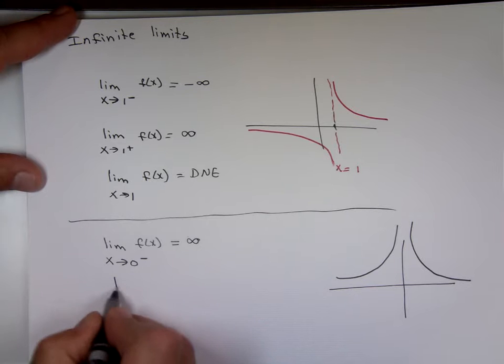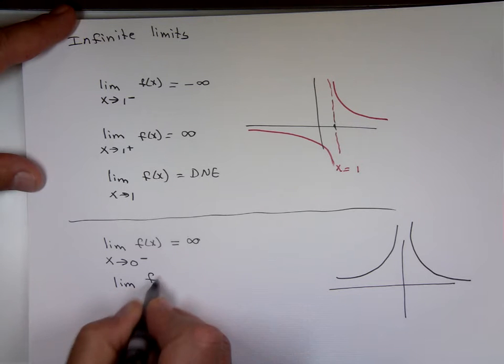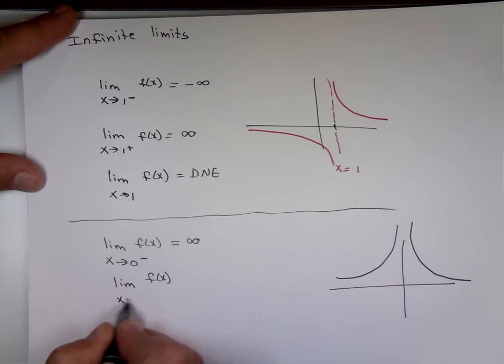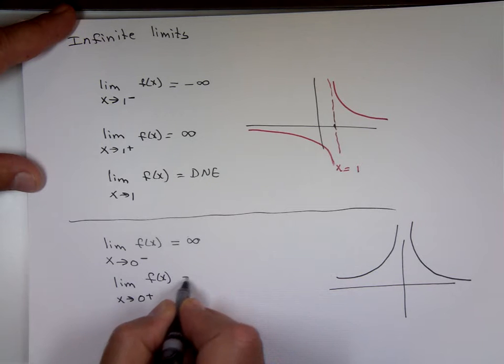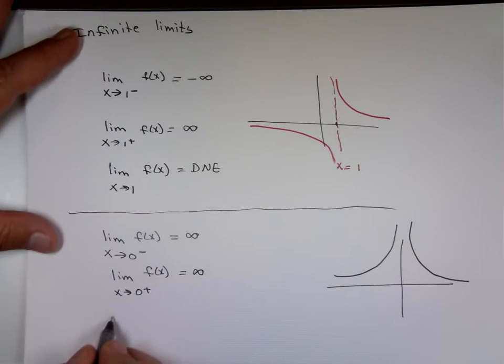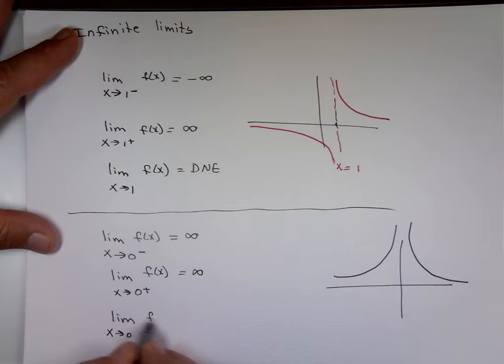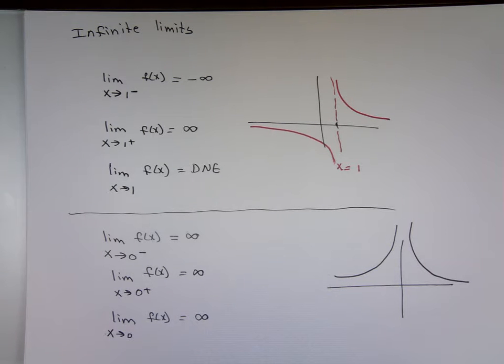Infinity. What is it from the right side? Infinity. So if I say what's the limit as x approaches 0 now? That's infinity. That's an infinite limit. The limit is going toward infinity.